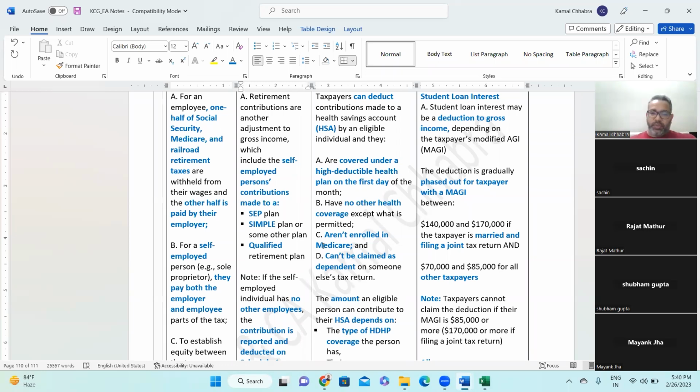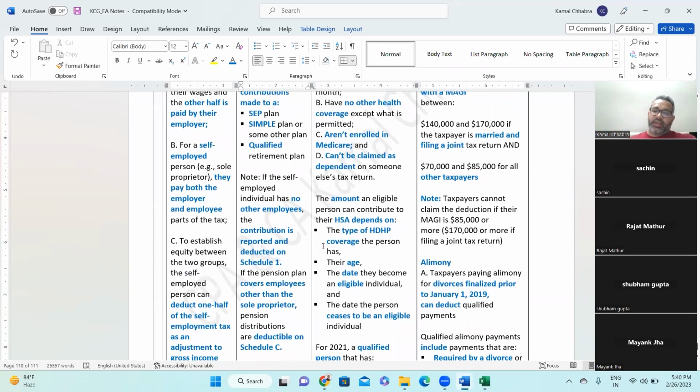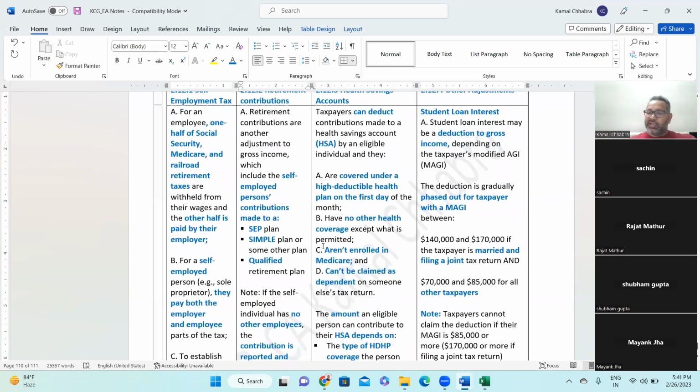That's the phase out limit. Taxpayer cannot claim the deduction if modified adjusted gross income is 85,000 or more in case of individual and 170,000 or more in case of married filing jointly. So that is the student loan interest deduction.